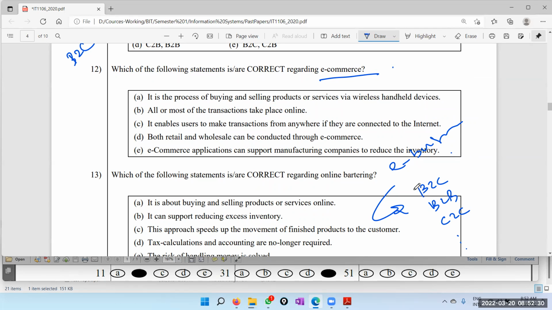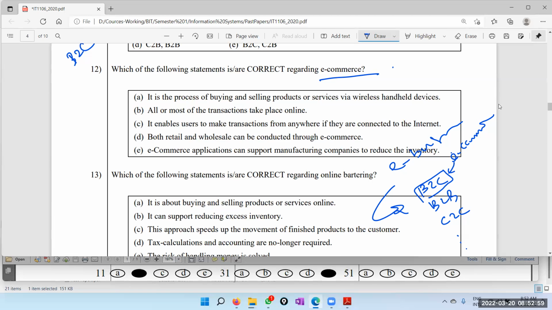But out of that, B2C is called e-commerce. We discussed this, okay? So B2C, the business selling their products or services online, is called e-commerce. E-commerce is a subset of e-business. E-business is that big thing, right? Interacting with other partners and all those things together is e-business.